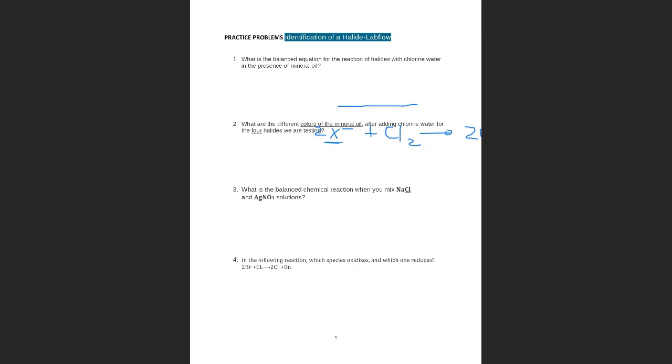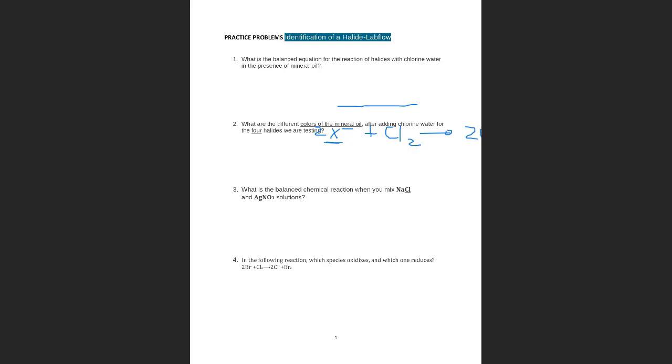But why? Because as you go down in the group in the periodic table, the halide is going to be a better reducing agent than the one on top. So basically as we go down in the periodic table, the halides become stronger reducing agents, which means they oxidize themselves to elemental form.